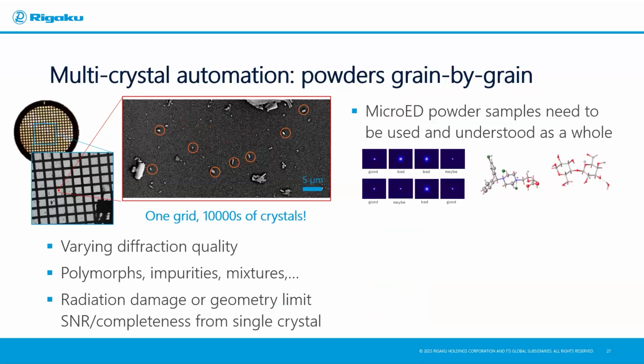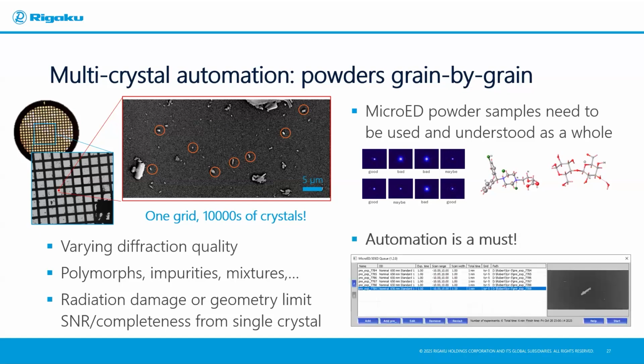And to really get the most out of micro-ED, you really have to understand it as a technique where you use a powder sample and where you understand it as a powder sample as a whole and not only on the basis of single crystals. And in this case, of course, automation becomes a must.